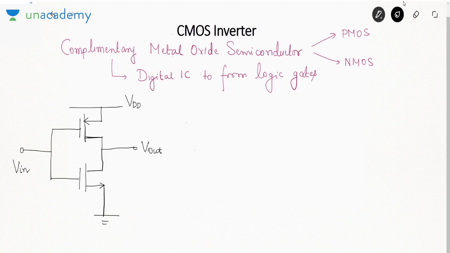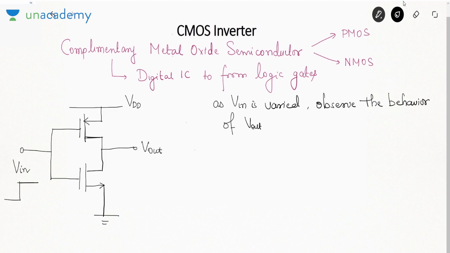We have to understand the operation of this circuit as a step voltage is applied at Vin, or you can say as you vary the voltage Vin. So what we have to do? As Vin is varied, we have to observe the behavior of Vout and the transistors. Suppose this is M1, this is M2.